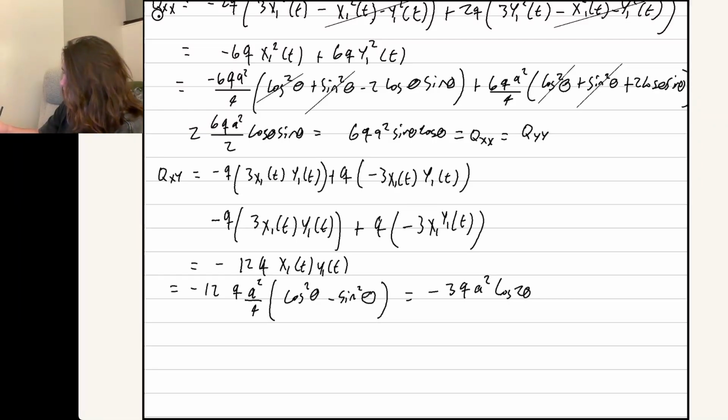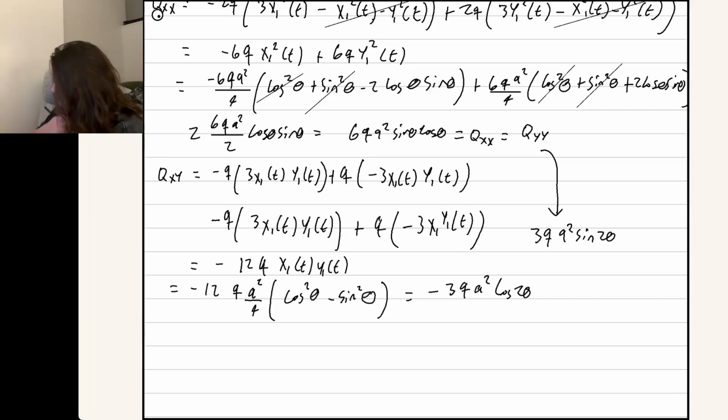Similarly, the diagonal terms can simplify into just one trig function and end up being 3qa squared sine 2 theta. Okay, you do have to divide by 2 on that one. So that takes care of both the off-diagonal terms.